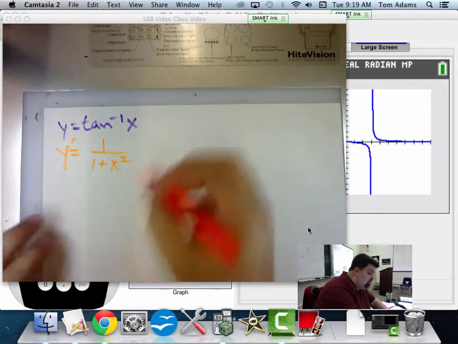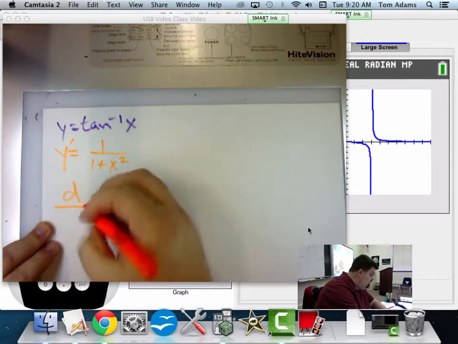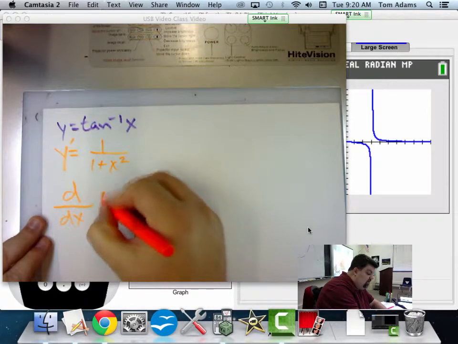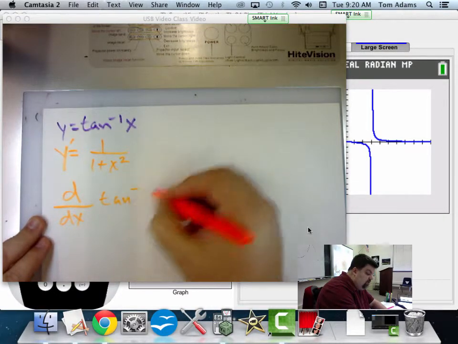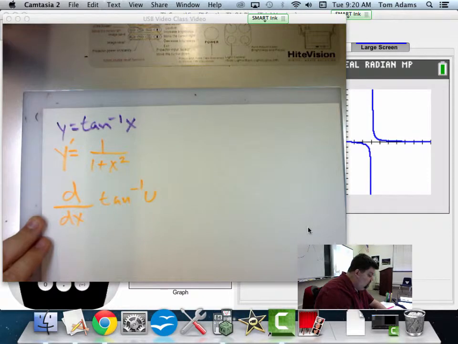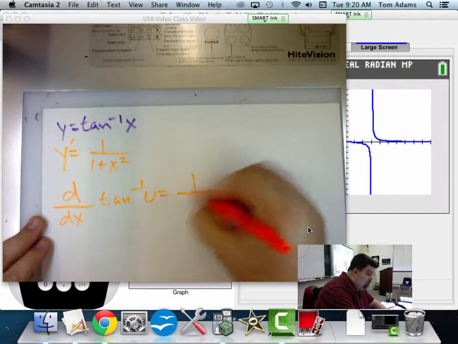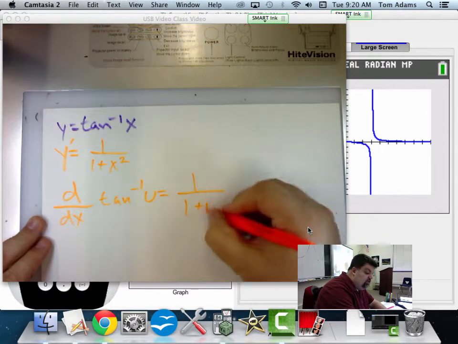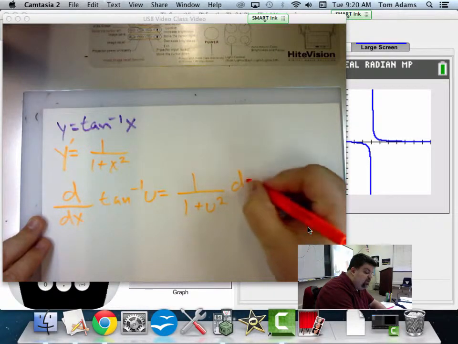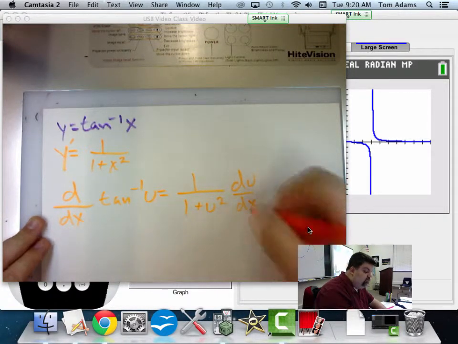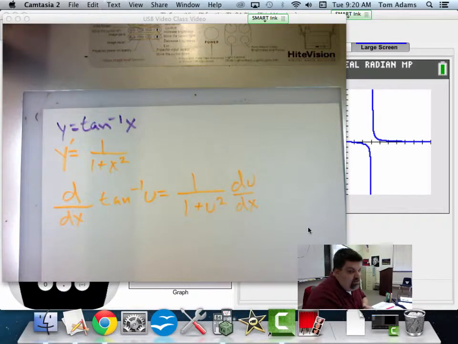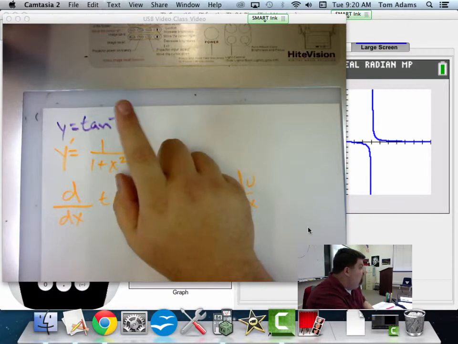But some formal notation might look like this: d/dx of arctan u is equal to 1 over 1 plus u squared times du/dx. And that's important because at some point, we're going to plug something in other than x.